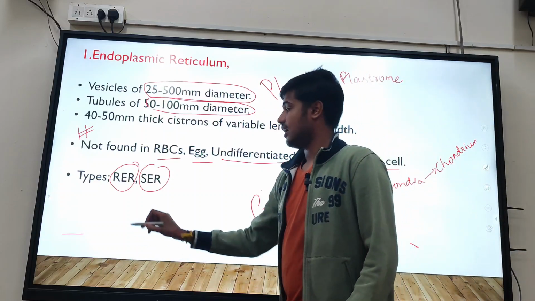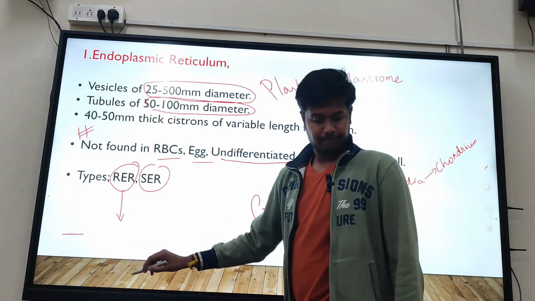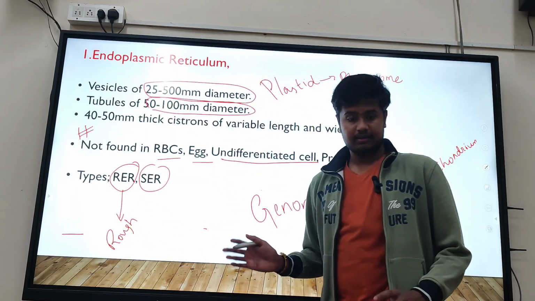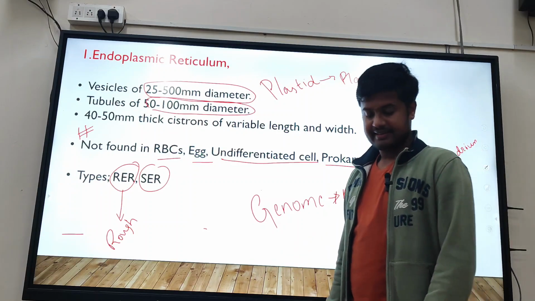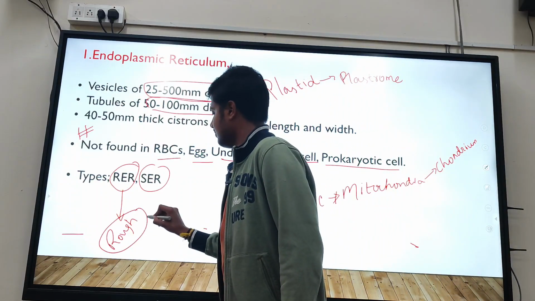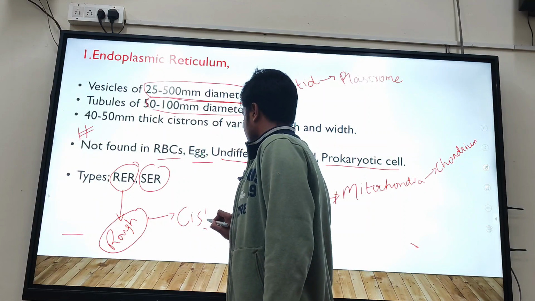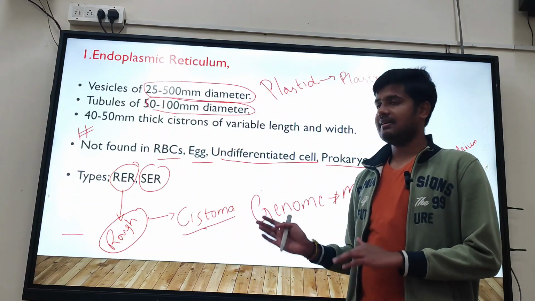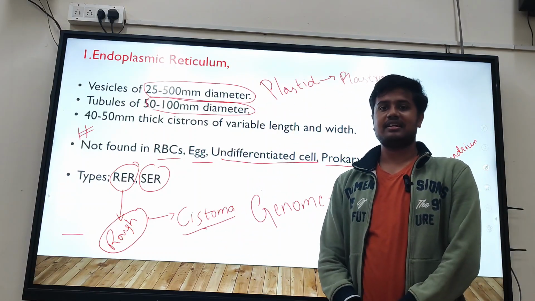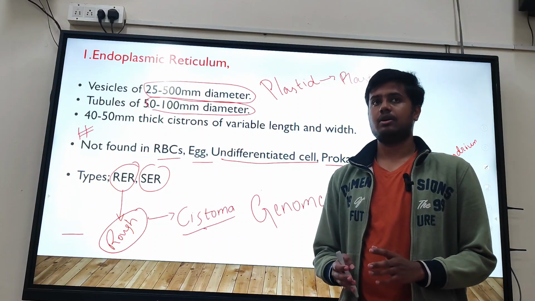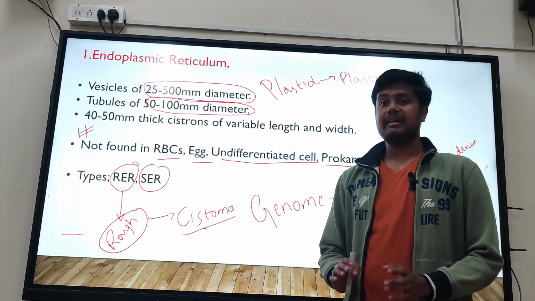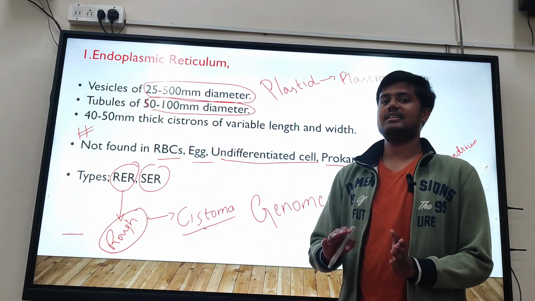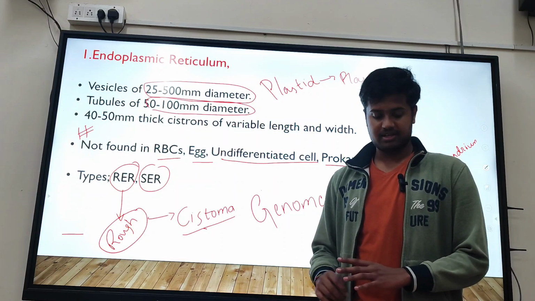The outer surface of rough endoplasmic reticulum is rough, and it is mainly composed of cisternae. And if the outer layer of the endoplasmic reticulum is smooth, then it is considered smooth endoplasmic reticulum.